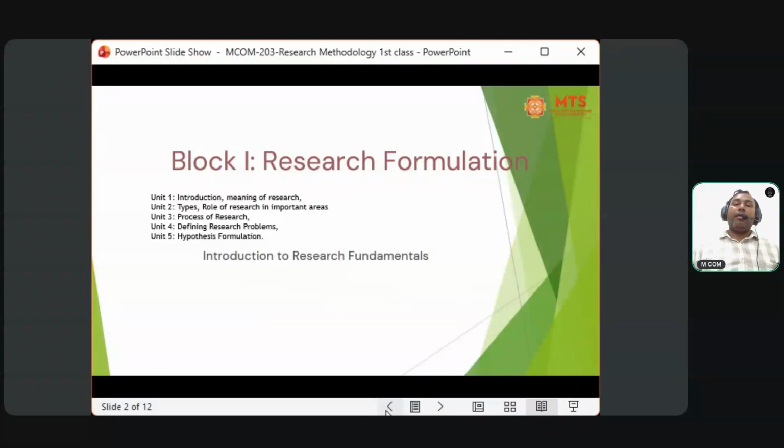Okay, and there are also so many gaps in your knowledge in this class. So you should learn or read the SLM. Okay, research methodology is a very important subject.